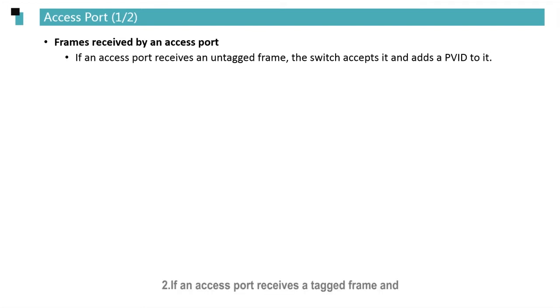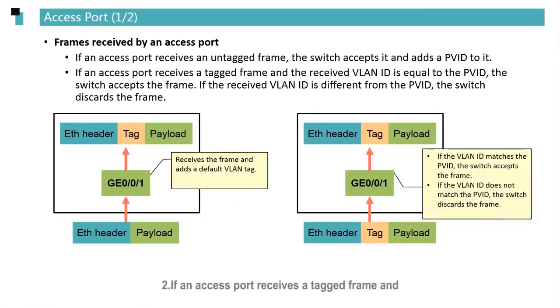2. If an access port receives a tagged frame and the received VLAN ID is equal to the PVID, the switch accepts the frame. If the received VLAN ID is different from the PVID, the switch discards the frame. The access port is connected to the PC's NIC, and the NIC only processes untagged packets.